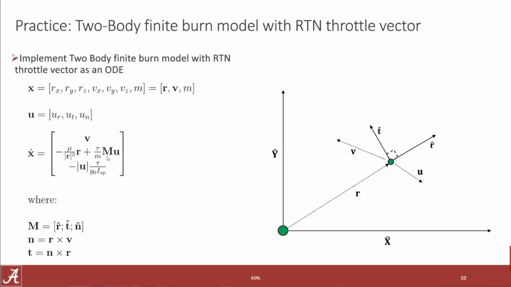So we have to do an intermediate step where we compute the conversion from RTN to Cartesian, which we had shown before. Whatever the optimizer or our control laws do to U in the RTN frame will apply as a thrust in the Cartesian frame, because we're doing tau over mass to get an acceleration.